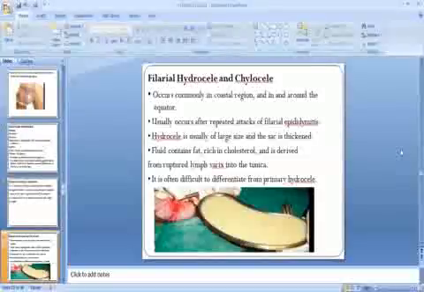It usually occurs after repeated attacks of filarial epididymo-orchitis. Hydrocele is usually of large size, and the sac is thickened. Fluid contains fat rich in cholesterol and is derived from ruptured lymph varices to the tunica. It is often difficult to differentiate from primary hydrocele.